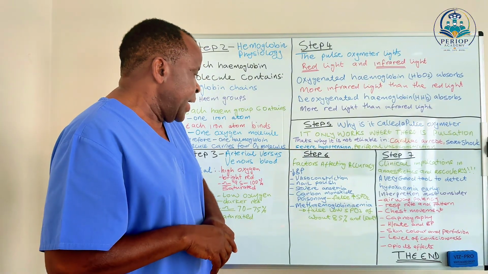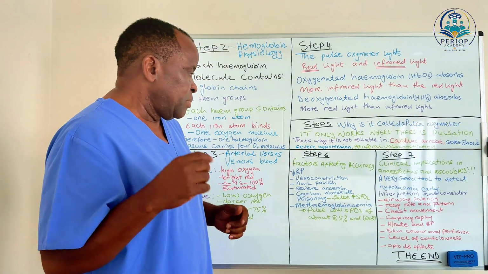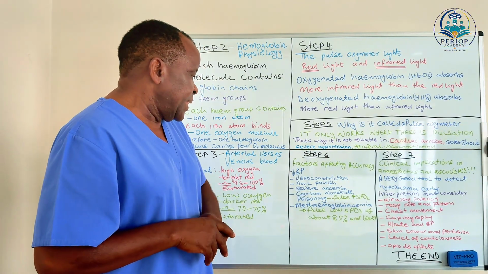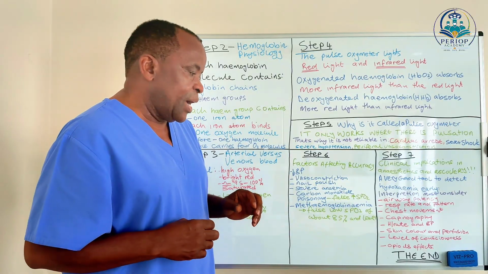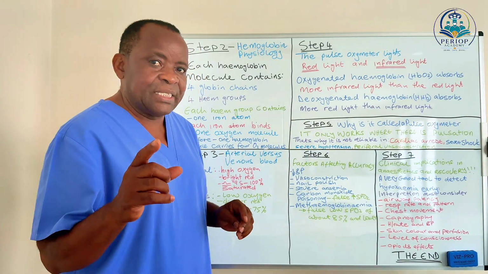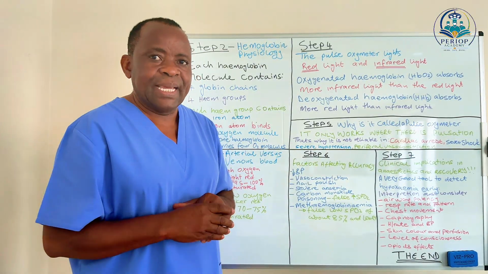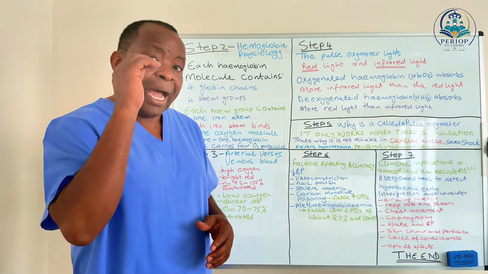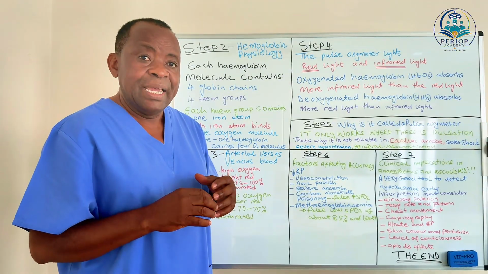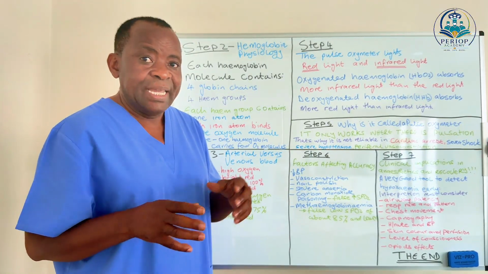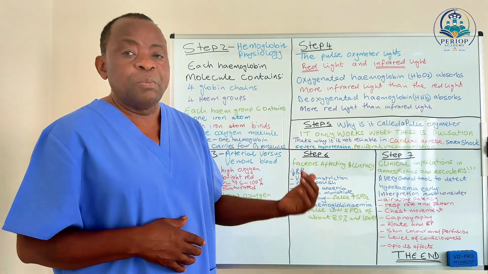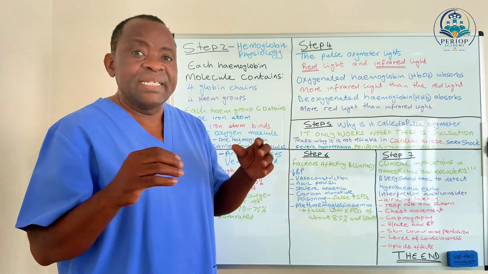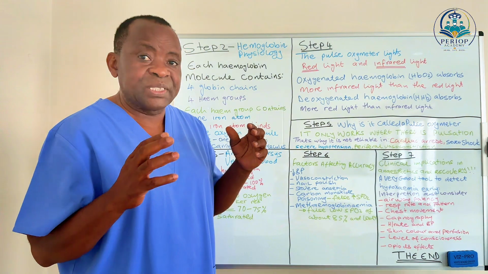So we also have a lack of accuracy where there is carbon monoxide poisoning. What happens is that the carbon monoxide has got a high affinity for oxygen. It deprives the patient of that, and yet on the screen it will mimic as if the patient is well perfused, well oxygenated.